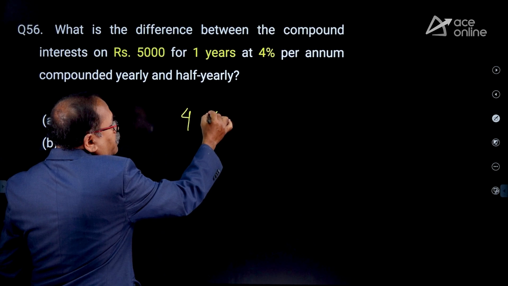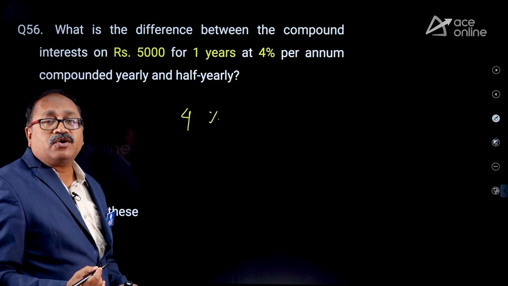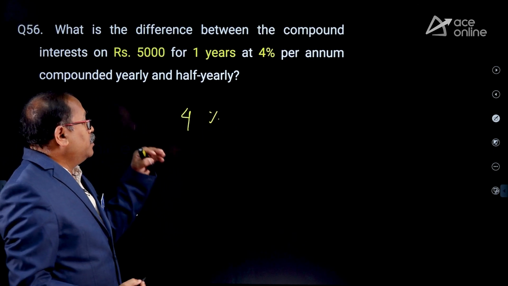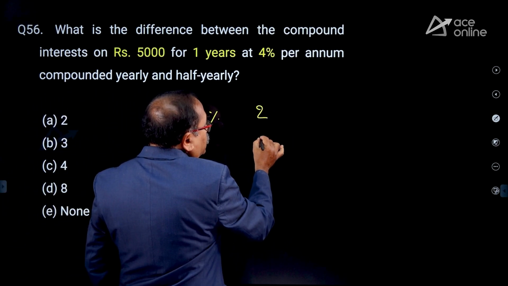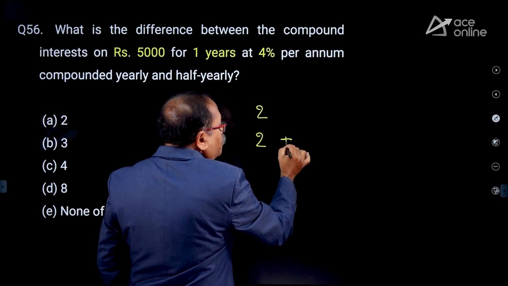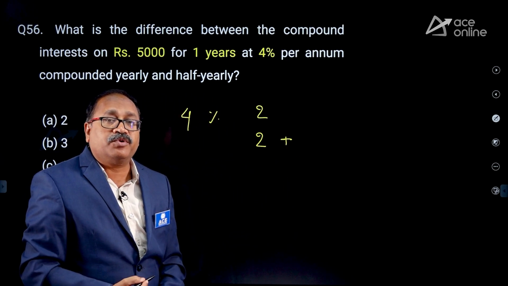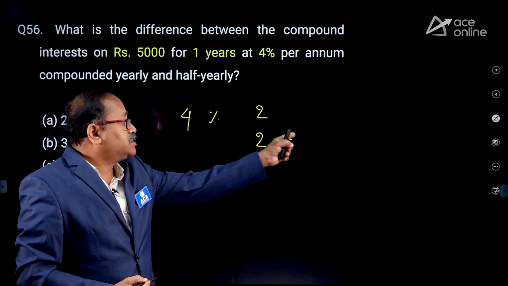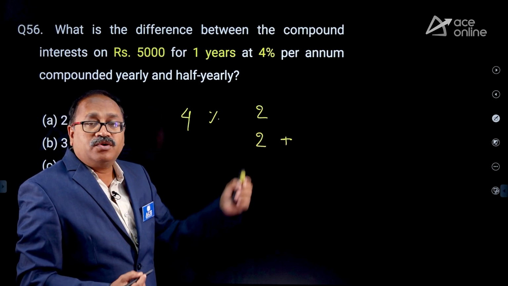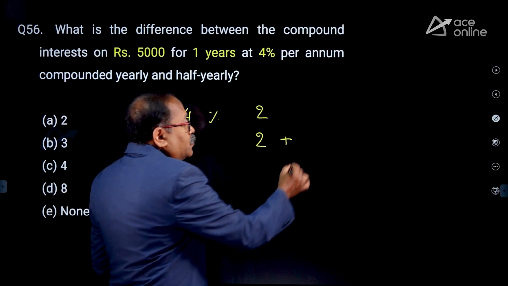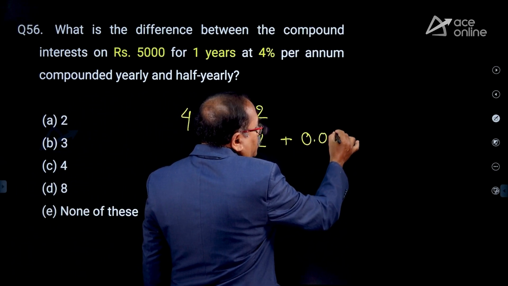Yearly, it is simply 4%. But when it comes to half yearly, per half it will become 2%. Then it is 2%, second half 2%, and you pay interest on interest in compound interest. So, you pay 2% interest over here on the previous 2%. So, 2 plus 2 is 4, and finally 0.04.